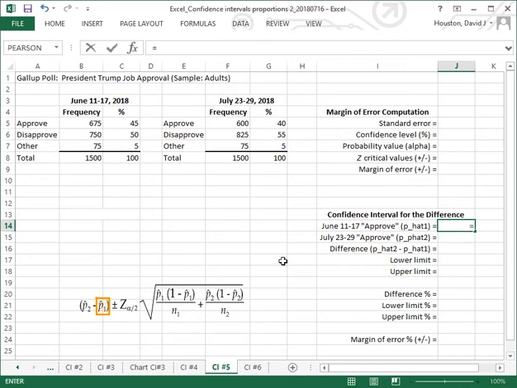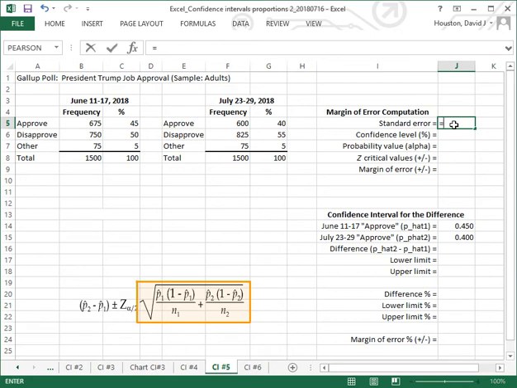So for p hat 1, it's going to be equal to the frequency of respondents that approve divided by the total sample size. And next, we'll do the same thing for the second time period, which we'll call p hat 2. Now we'll go ahead and compute the standard error.